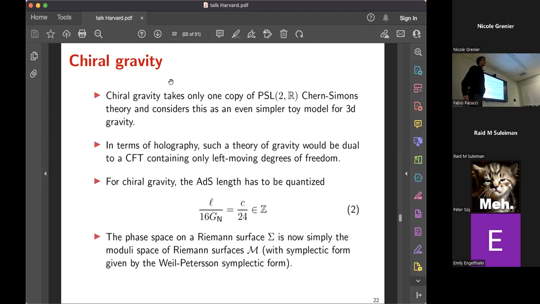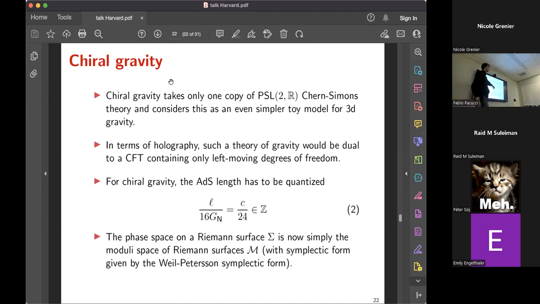For the non-chiral version, you would find that the difference needs to be an integer, so you could in principle have two different coupling constants, but the sum can be anything. This is for PSL2R. If you do the Chern-Simons theory based on the universal cover of SL2R, then you don't see this quantization condition.